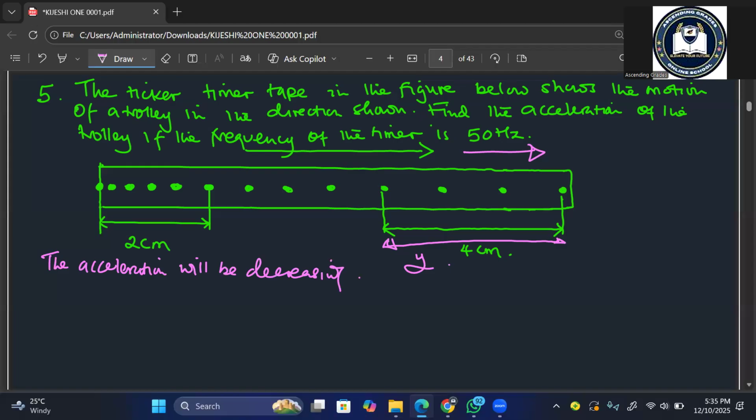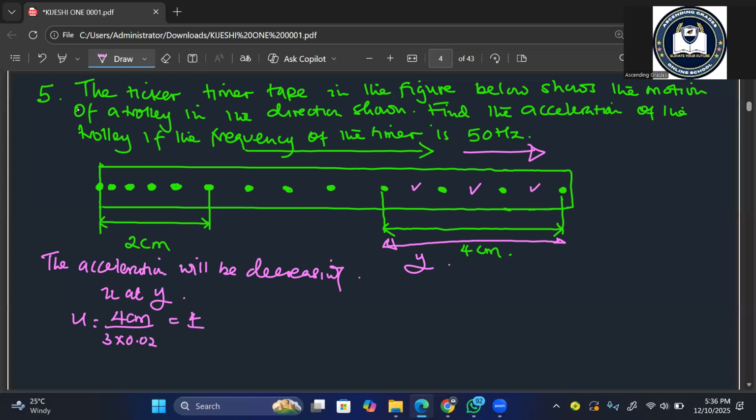Therefore, our initial velocity at Y will be 4 centimeters divided by, let's look at the number of spaces in here. 1, 2, 3, and each space is of 0.02.